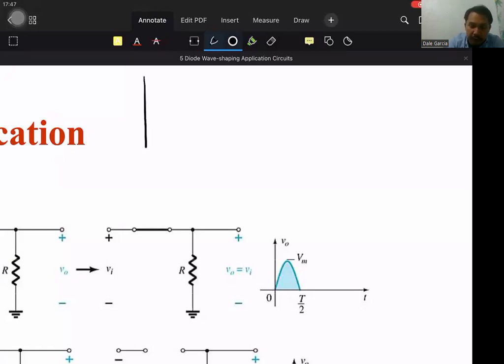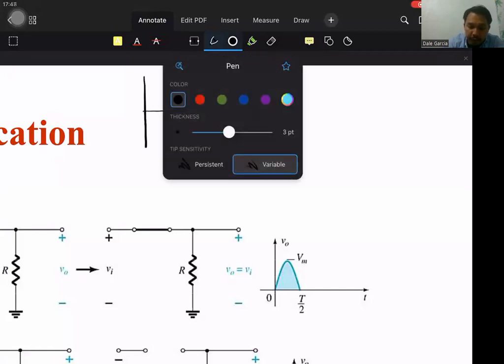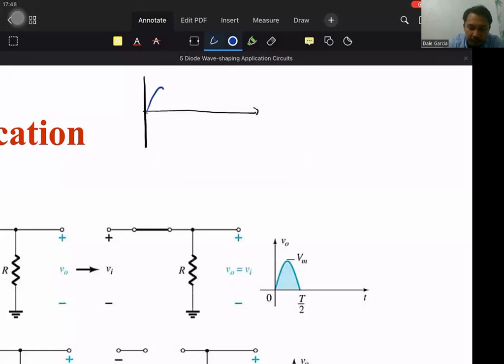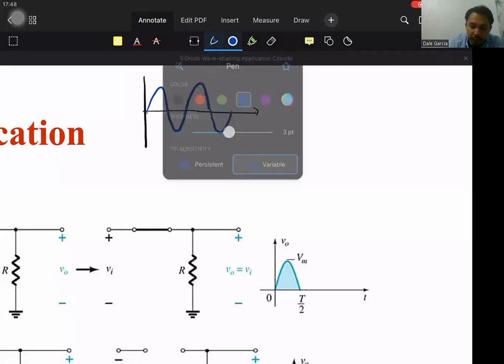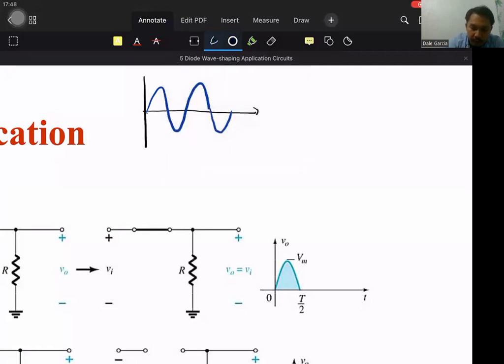So the most basic alternating current signal that we have is the sinusoidal wave, the sine wave. This is an example of a sine wave, two periods of it, where these points are the peak value, the maximum value.